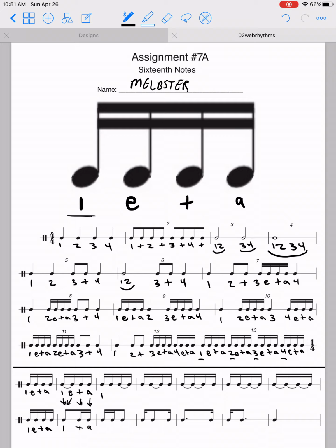In the next measure, the last two notes are tied together. So the 1 is still there, the E is still there, the and is still there. However, the A is tied into the and.